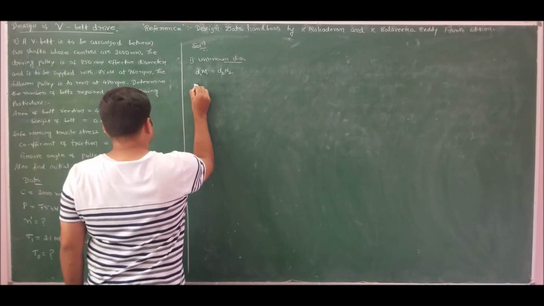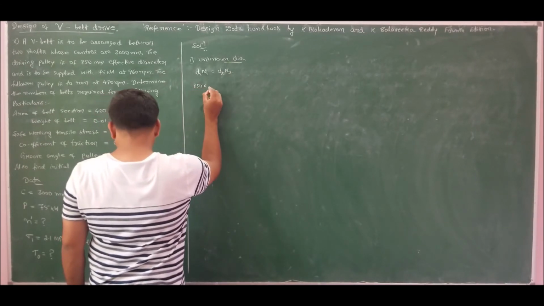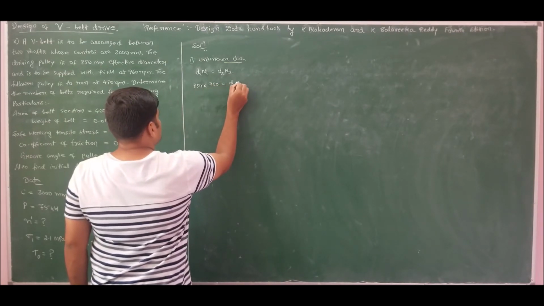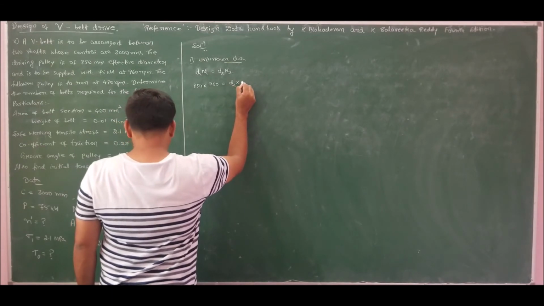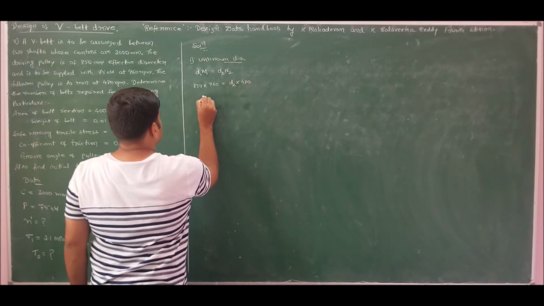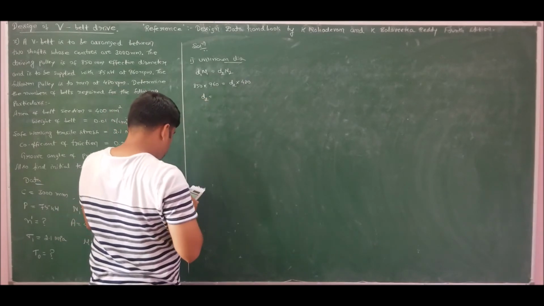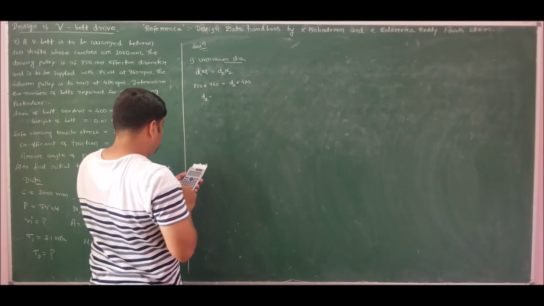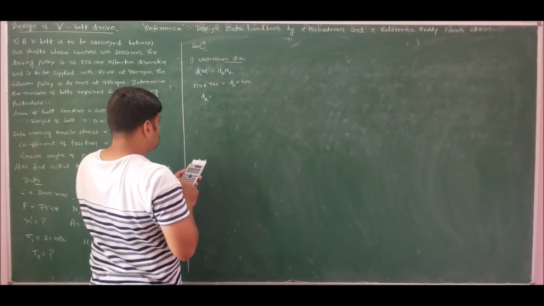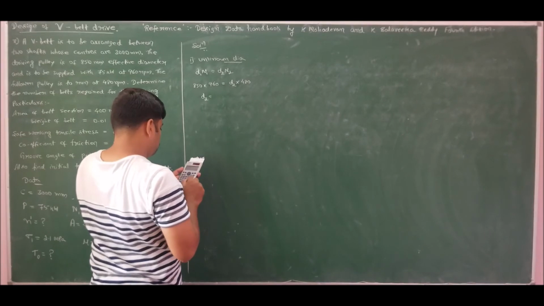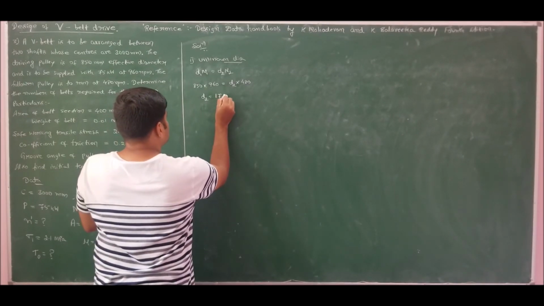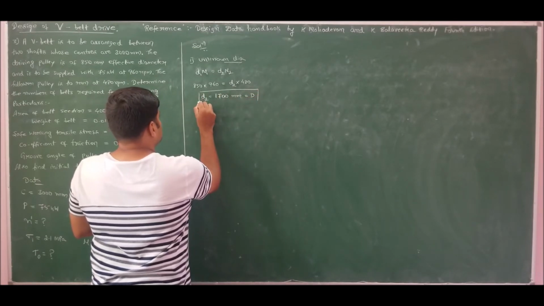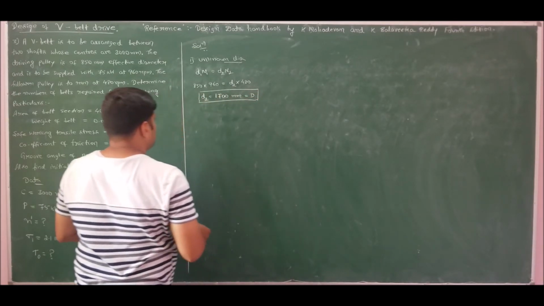So d1 is known, 850, and it is running at 960 rpm. d2 is unknown, which is running at 480 rpm. So therefore d2 will be 850 into 960 divided by 480, which is nothing but 1700 mm, the value of the larger diameter pulley.